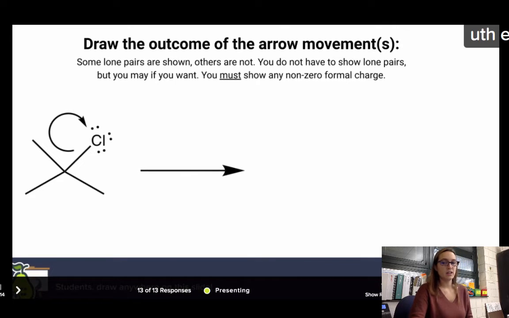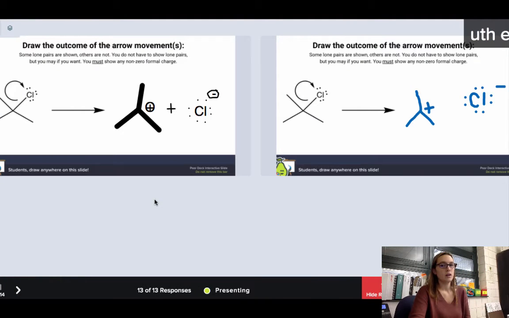All right, so if we take a look at just a couple, and then you can continue drawing it. Notice the chlorine leaves. The chlorine is leaving because this bond no longer exists. So you have 2 things afterwards.